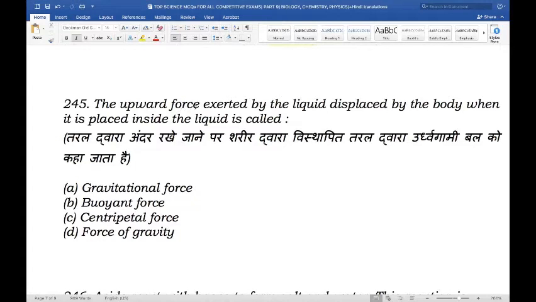So the upward force exerted by the liquid displaced by the body when it is placed inside liquid is called buoyant force. Buoyancy is the force that causes objects to float and is caused by differences in pressure acting on opposite sides of an object immersed in static fluid.